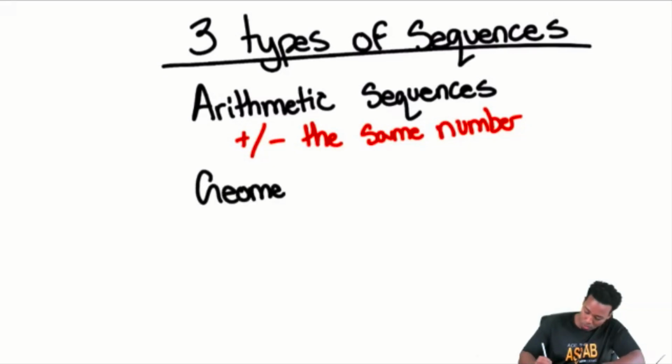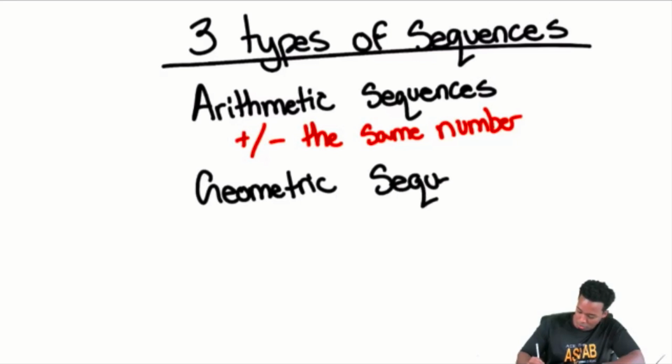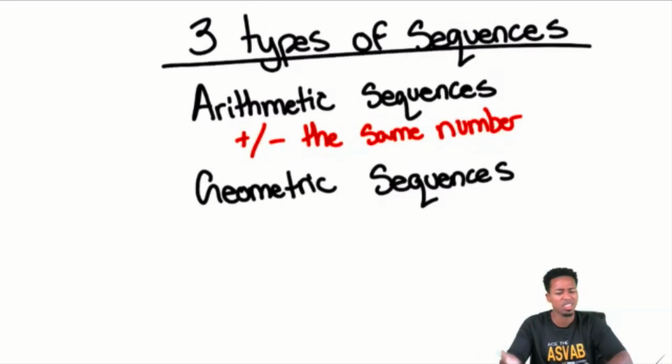geometric sequences. Does anybody here look at a geometric sequence and think that we're doing a sequence but with shapes? Is that what people think when you see that? Does anybody here think a sequence with shapes? So we're going to go ahead and tear up that misconception right now.